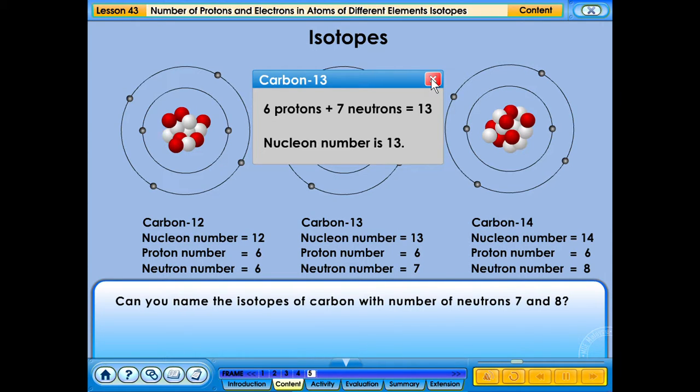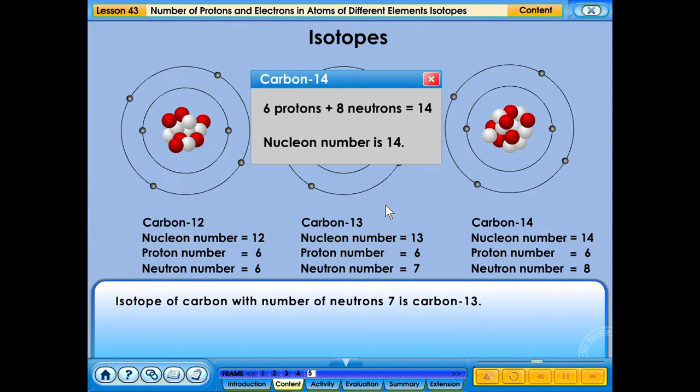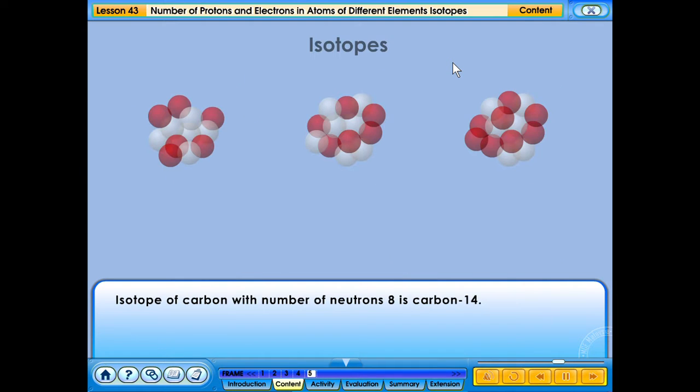The isotope of carbon with 7 neutrons is carbon-13. The isotope of carbon with 8 neutrons is carbon-14.